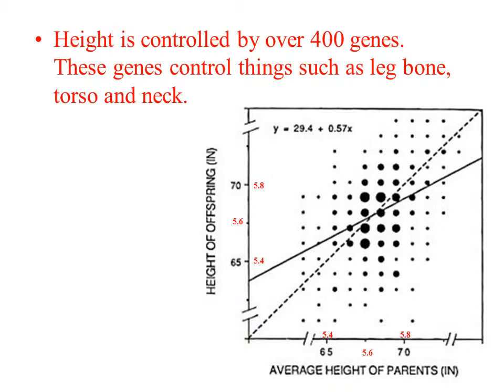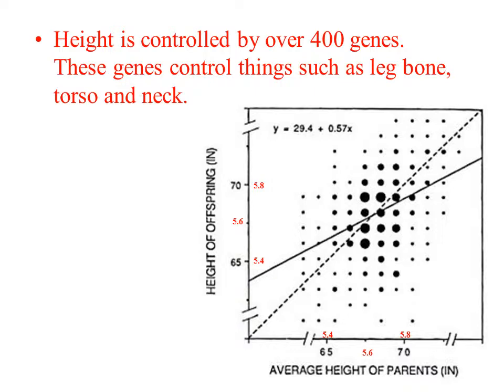Height is controlled by over 400 genes. These genes control things such as the long bones, the torso, and the neck. Students always ask about being tall or being short. It is controlled by the length of your femur. Your dad could have had long femurs that he gave to you or did not give to you.